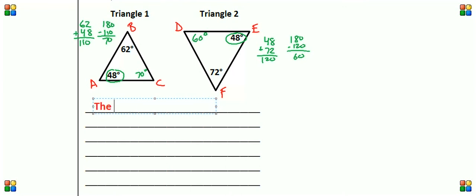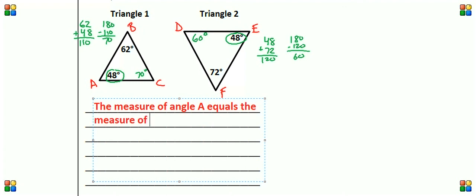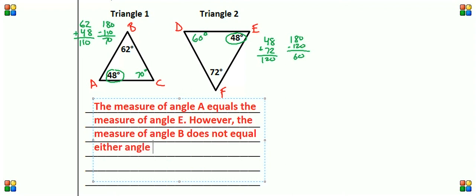Let's type the measure of angle A equals, let me open this box up a little bit more, equals the measure of angle E. However, the measure of angle B does not equal either angle D or angle F.